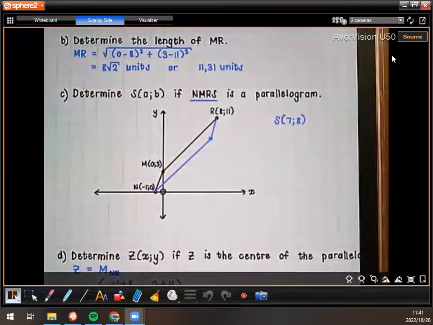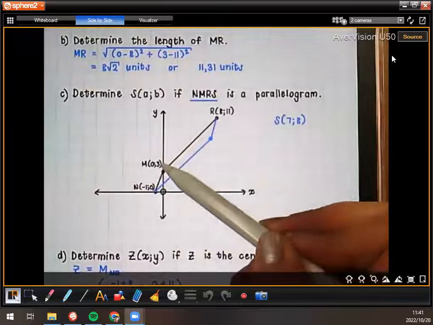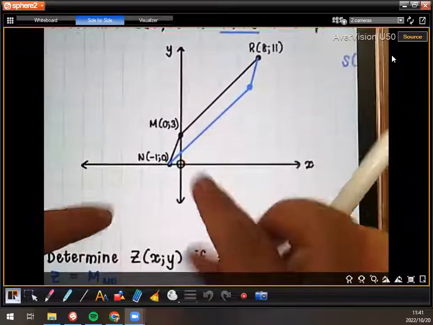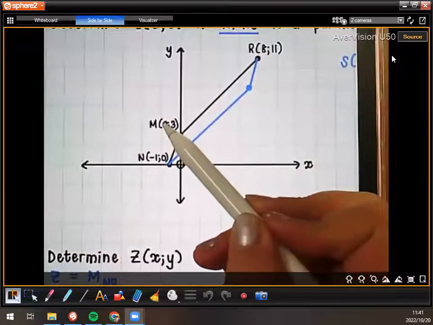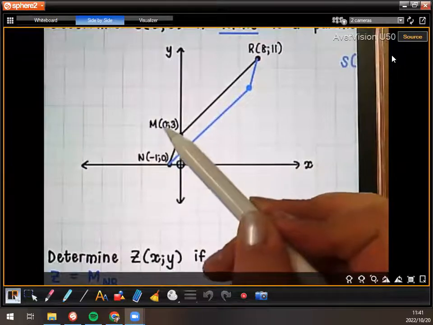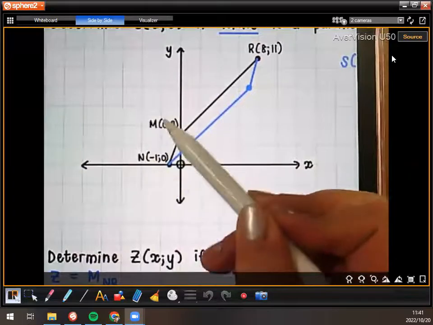But what is happening here? Let's look. From point M to point N, what happened to the actual coordinates? The x value of point M is 0. What is the x value of point N? -1. We notice that that is 1 less.